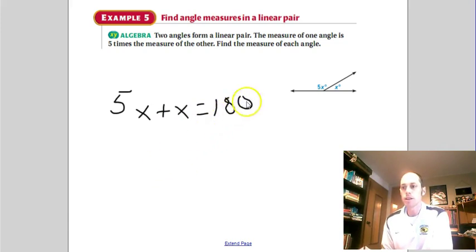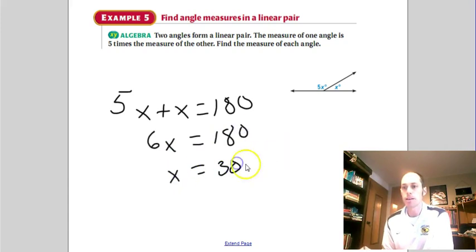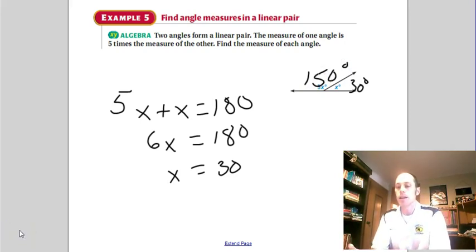So I can set up an equation combining the sum of the two angles. 5x and x is 6x. That equals 180, divided by 6, x is 30. So if x is 30, this one is 30 degrees. This one is 5 times more, 150 degrees.